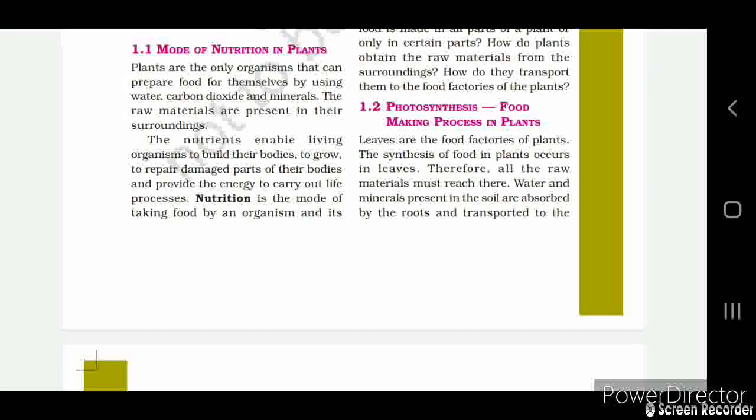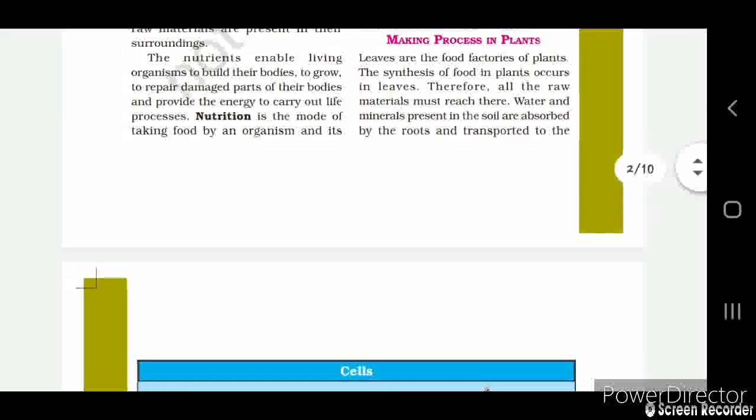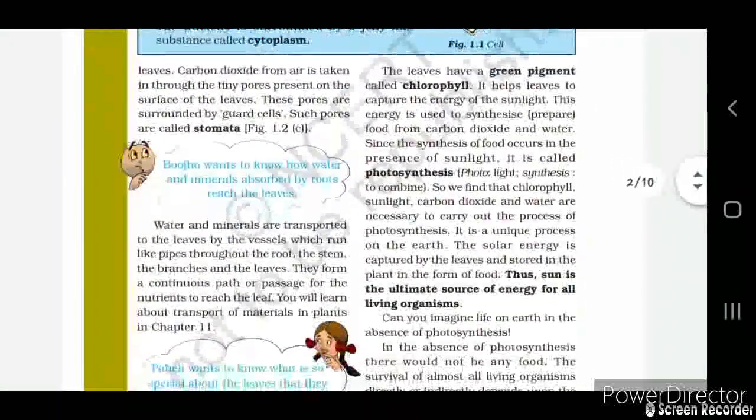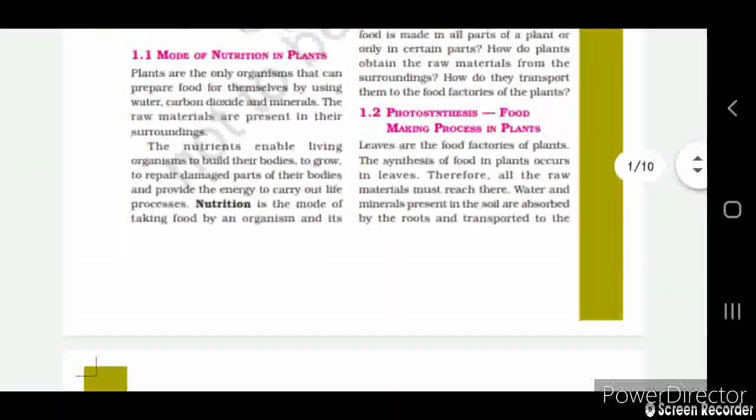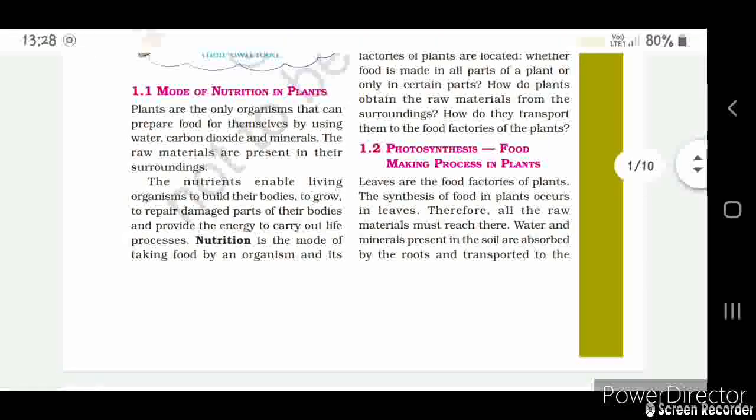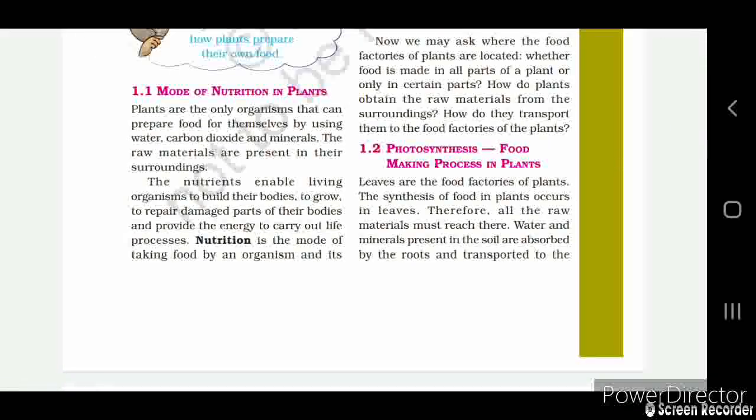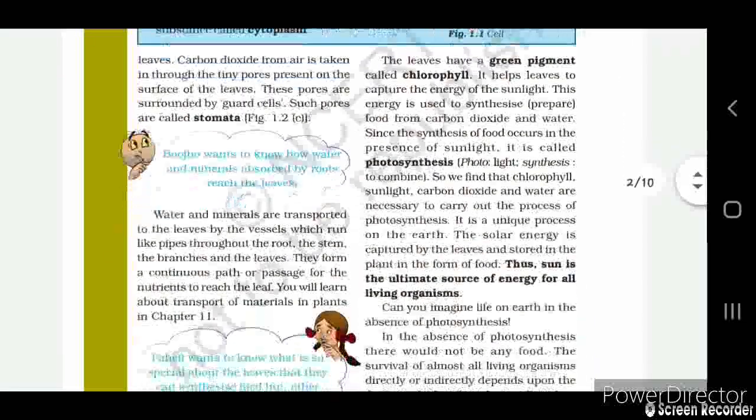Water and minerals present in the soil are absorbed by the roots of the plants and sent to the leaves, the place where synthesis of food occurs.